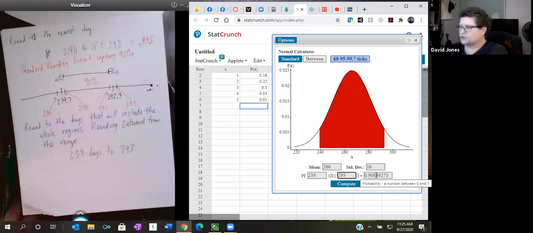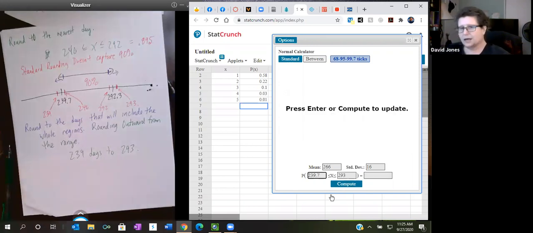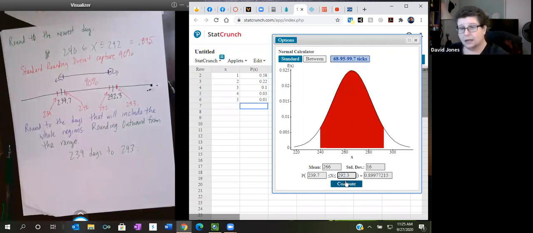Notice if I even just use the values I rounded to, even if they said 1 decimal place, 239.7 to 292.3, I still don't have 90%, do I? It's 0.899772215. It's still below 90.